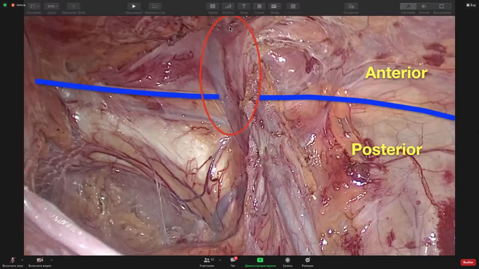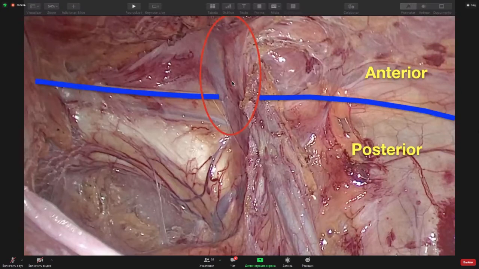These are the epigastric vessels. For me, it's the most important landmark, because in all my surgeries I always look for where these vessels are, because they are always in the middle of my dissection.